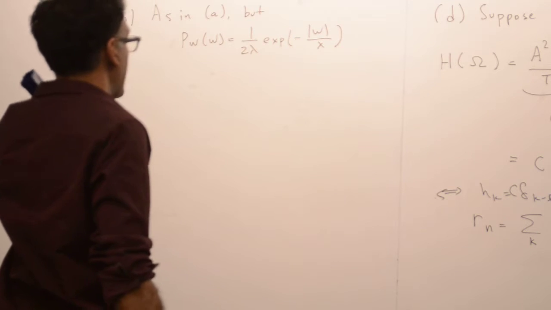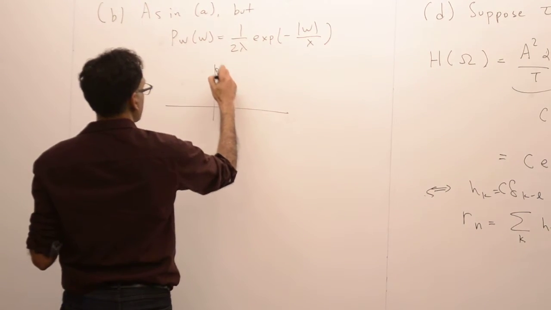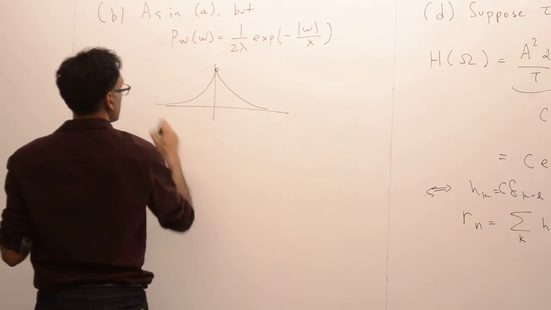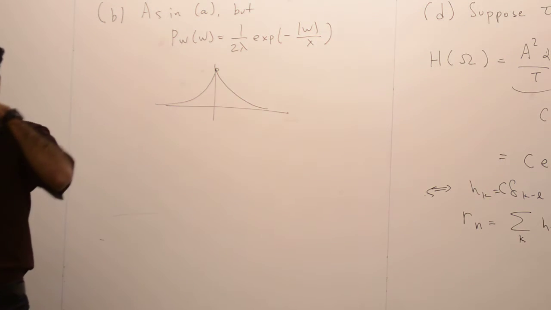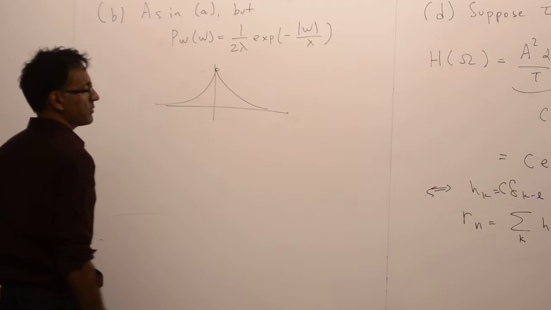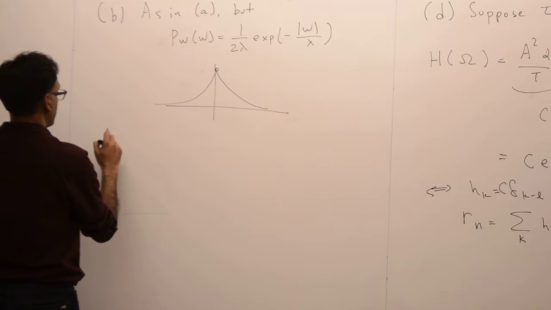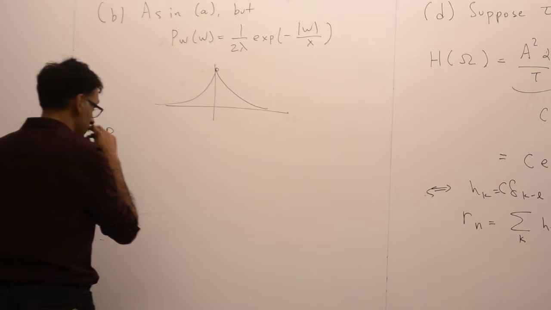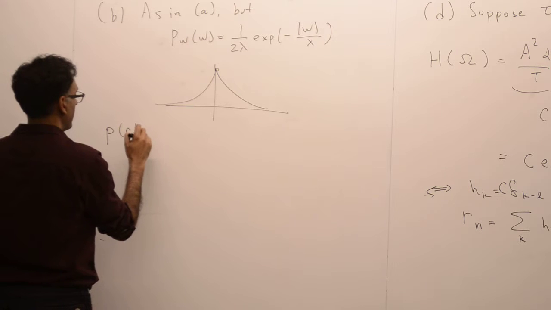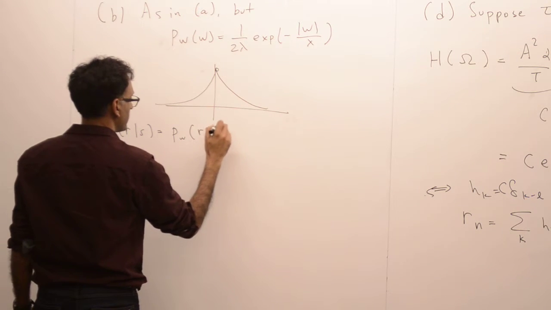It kind of looks like an exponential on both sides, so it has this exponential shape like this. So in this case, it's basically the same idea. Same thing as before. P of R given S is P sub W, because it's an additive channel, it's R minus S.